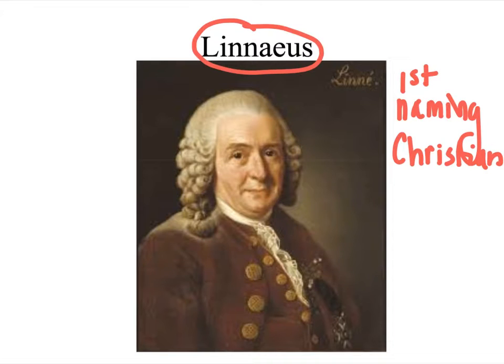So he believed that all living things were created, and then from there he used this classification system to make it easier for them to study. In other words, we would say he is the father of taxonomy. Definition of taxonomy is the science of naming living things. Again, it is the science of naming living things.